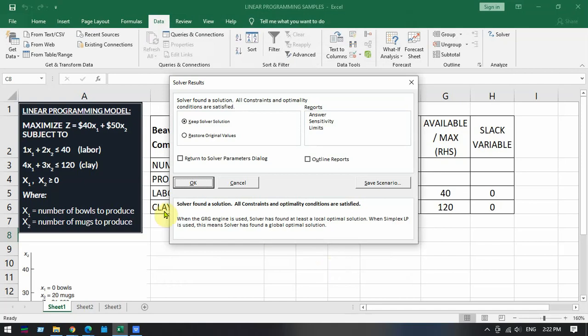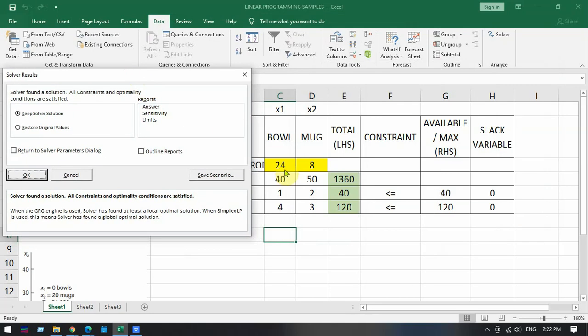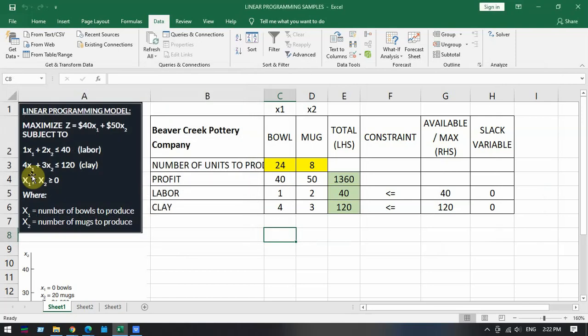You see here, it says Solver found a solution. All constraints and optimality conditions are satisfied. If you look in our table, we already have here the solution, which is 24 for x1 and 8 for x2. Of course, we want to keep the solver solution, so click on OK.